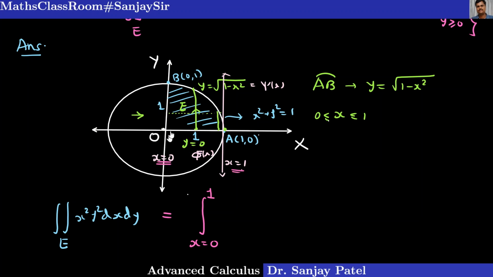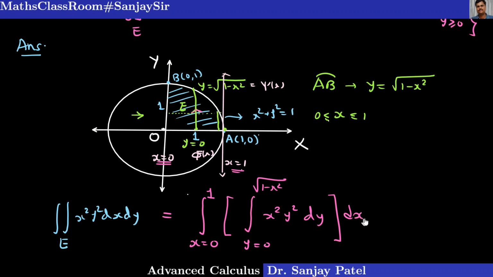It is lying between these two lines, and then we can write directly in this form. Y varies from the x-axis to this curve, from 0 to the square root of 1 minus x square, and the function is x square y square, first with respect to y and then with respect to x.